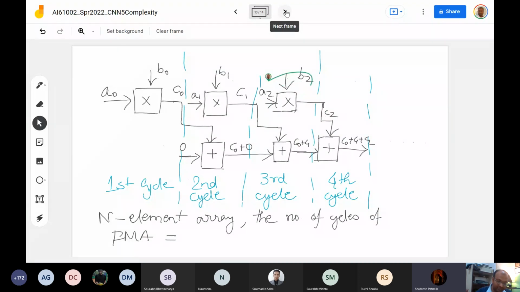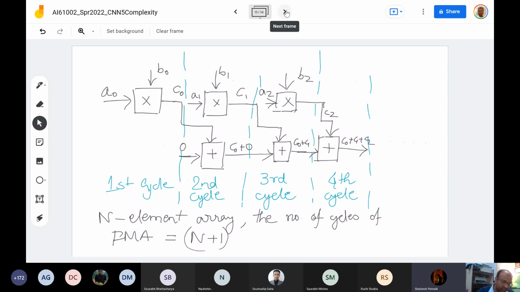And that will require me the fourth cycle so that I can add it. So if my length of array is n equal to 3, I would need n plus 1 equal to 4 cycles in order to complete this operation. Do you see that? Yes, sir. Understand.